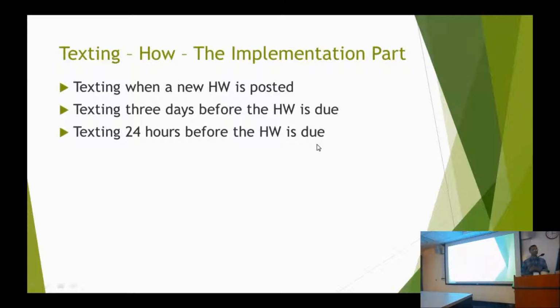Usually each of my homework assignments has 7 days to do. The due date is usually 7 days. In 3 days, I give them another warning that you have not submitted the homework yet, please do it. And then the final warning is 24 hours before the deadline. It says something like this: if you submitted the homework, great. If you have not submitted, you have 24 hours to submit it.